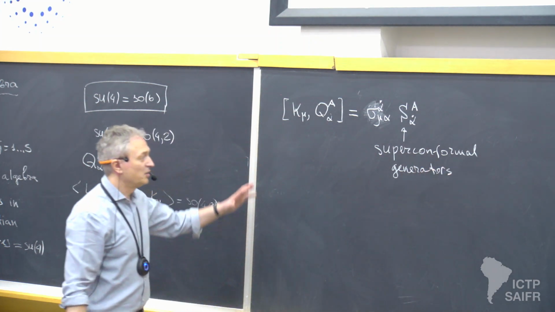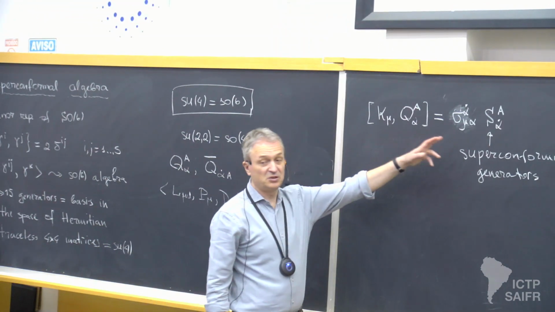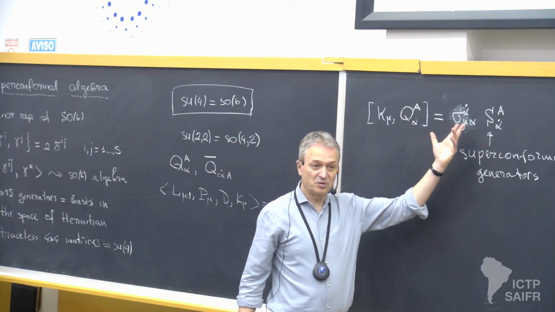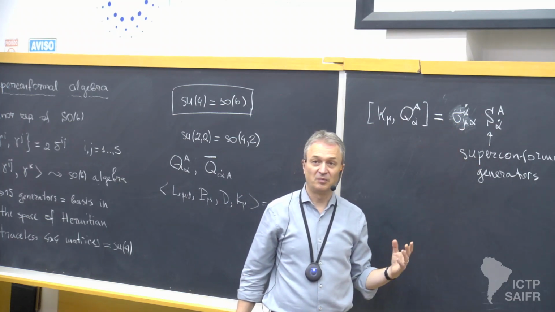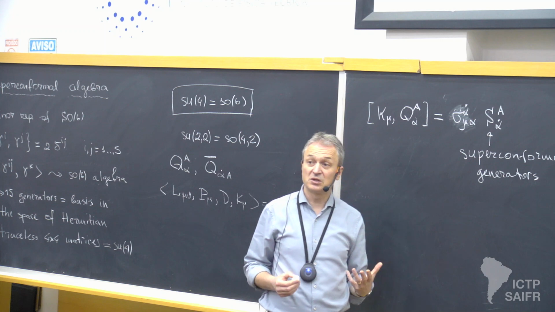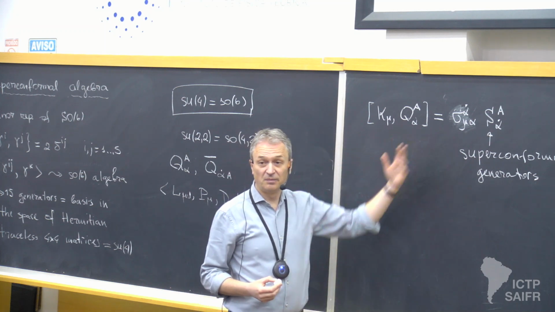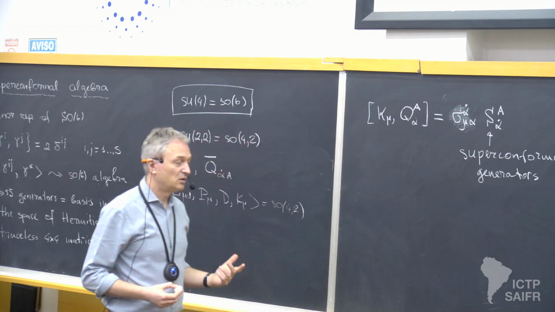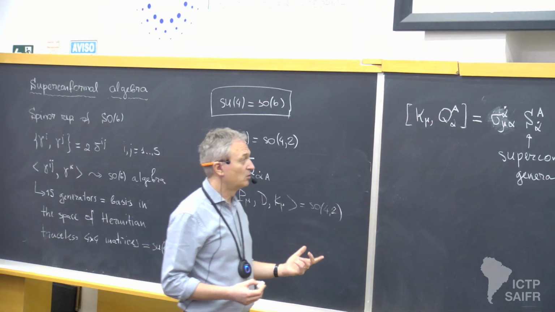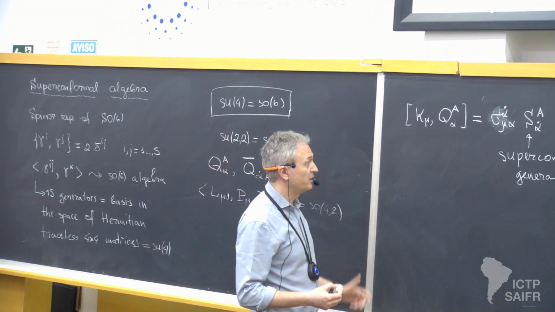And the natural statement is that if we add these generators, then the algebra closes. So one can reconstruct the full set of commutation relations just from this definition. And you don't need to add anything on top of that.